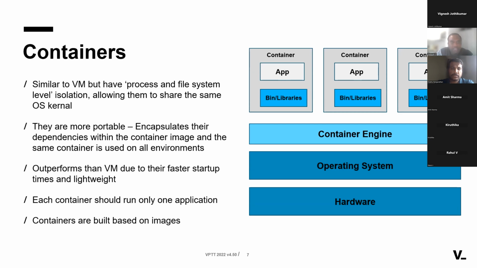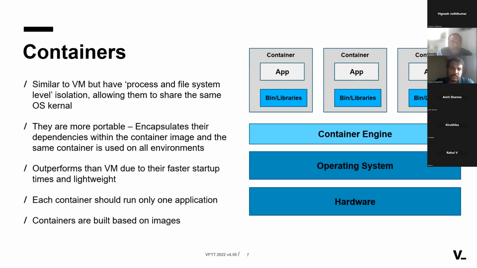And because it's lightweight and portable, it basically outperforms the VM because it has a much lesser startup time. We are not going to manually install all the software on top of the containers, because everything comes as an image. Each container is responsible for hosting only one application.